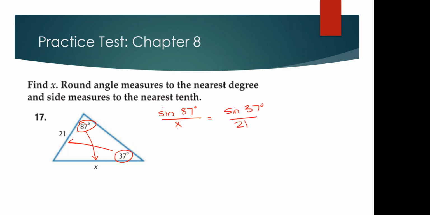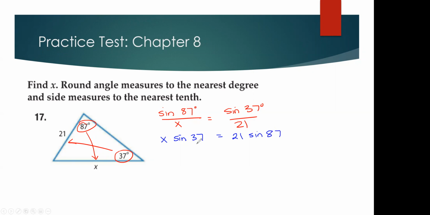So then we're going to cross multiply. So we've got x times the sine of 37, and then 21 times the sine of 87.